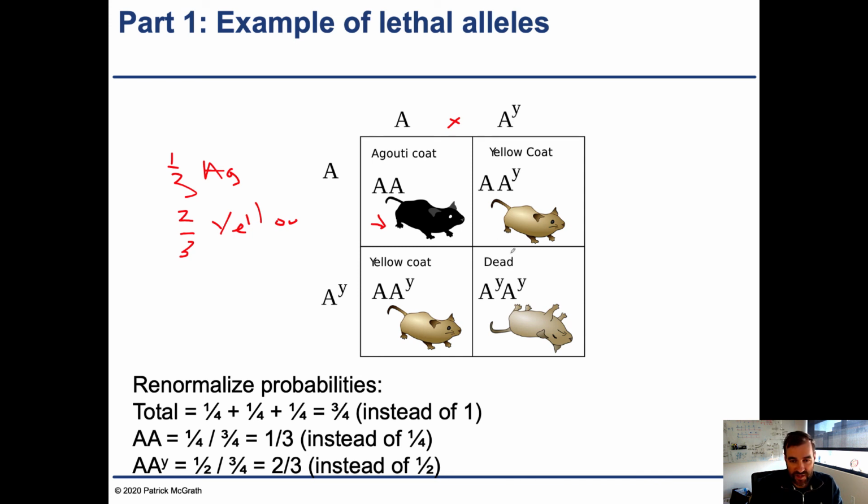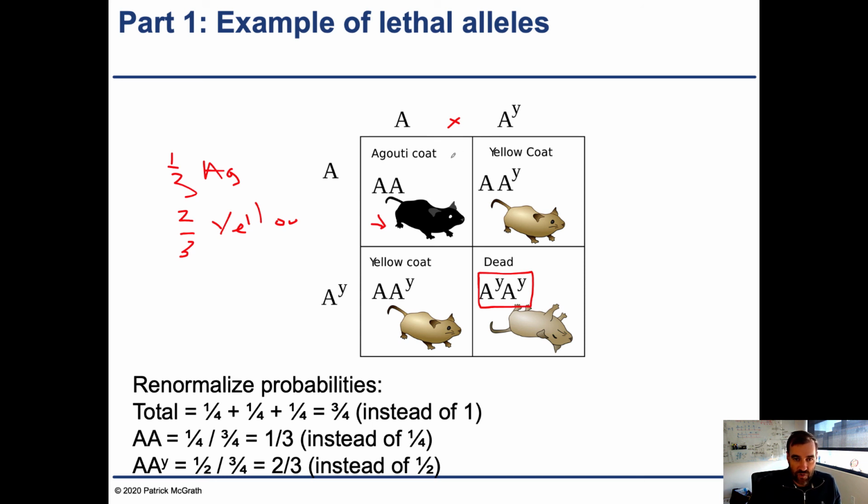But what happens is that homozygous for the yellow allele results in dead mice. This death occurs during development of the fetus, so you don't actually observe any of these mice. These mice die very early on in development, so when a mother has the pups, it's not obvious that a proportion of the animals have died.